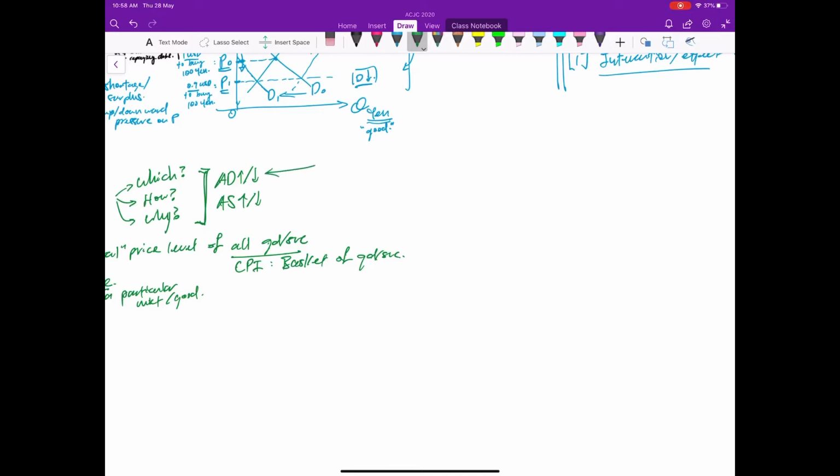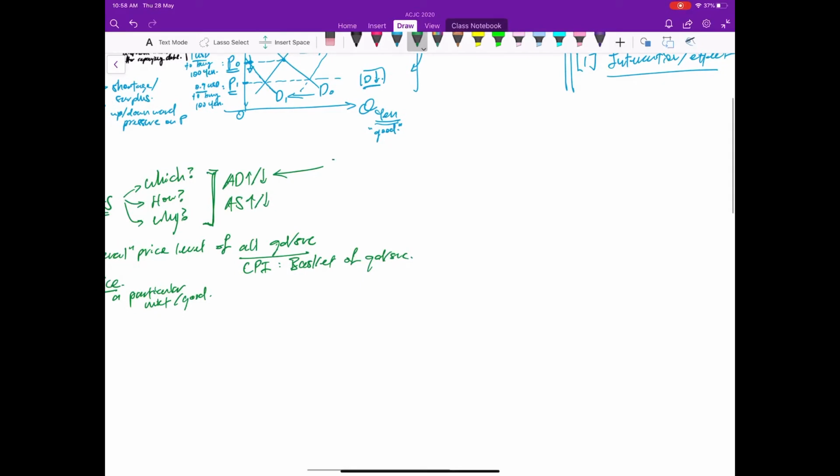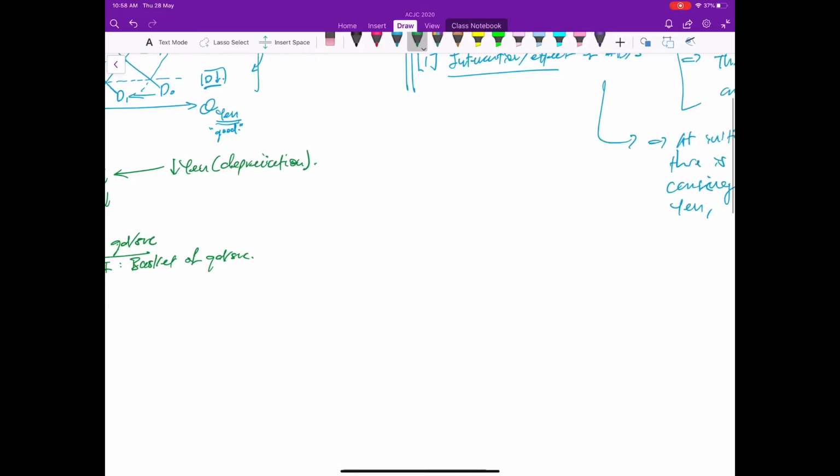It is possible that it could be the AD. If there is a fall in the value of yen, which is the depreciation of yen, what's going to happen? It means that the Japanese exports are cheaper in terms of foreign currency.